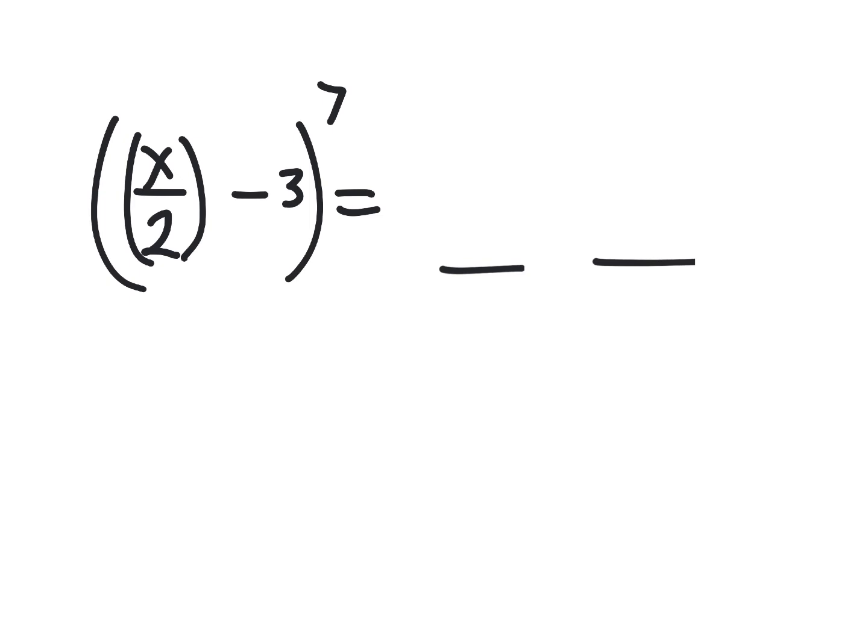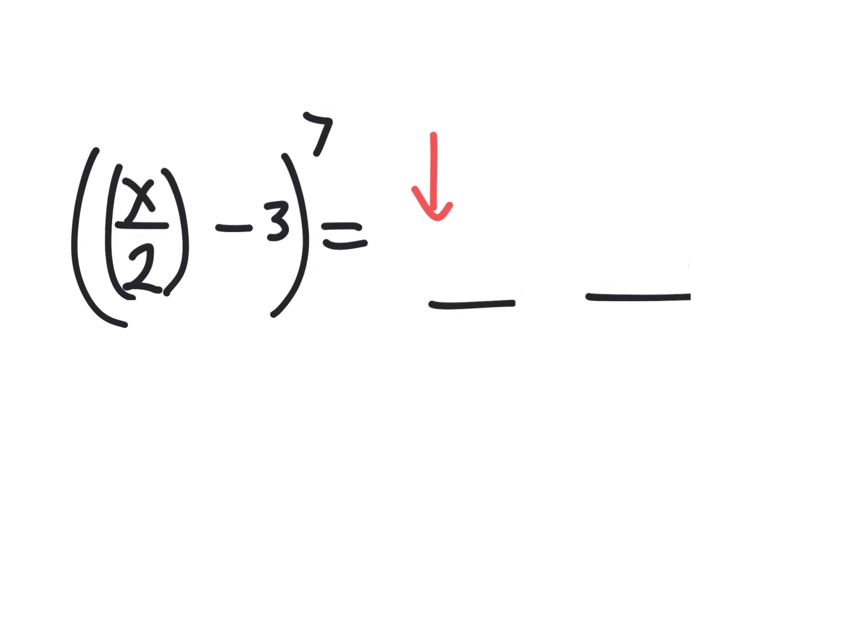Okay, well, how am I supposed to get this? Could I make a Pascal's triangle with like 8 numbers? Yeah, but that's going to be a pain, isn't it? Who remembers what this first one would be?